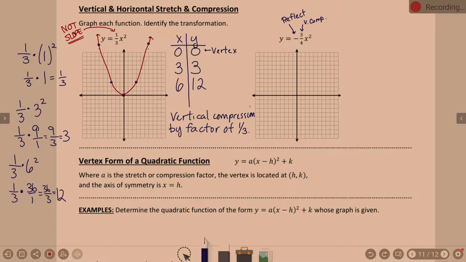So this one is still vertical compression by a factor of 3/4 this time, but then it's also going to reflect. When the negative is out front, we are reflecting across the x-axis.